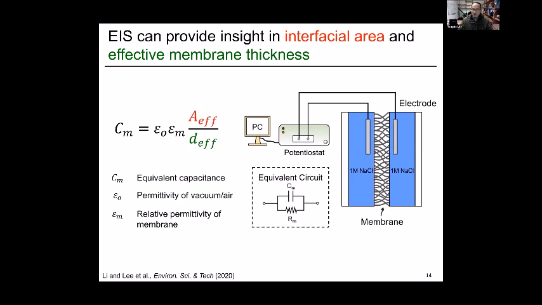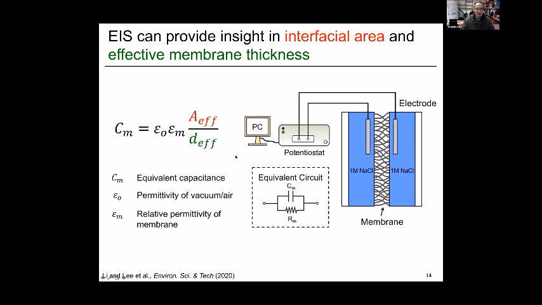The membranes can be modeled as a parallel circuit of a capacitor and a resistor, because the capacitor can represent the air gap, the vapor gap between these 2 electrolyte solutions, and the resistor can represent any leakage of liquid across this membrane.